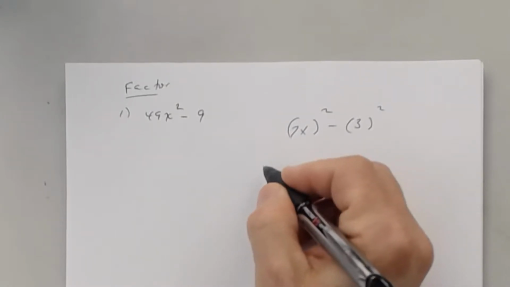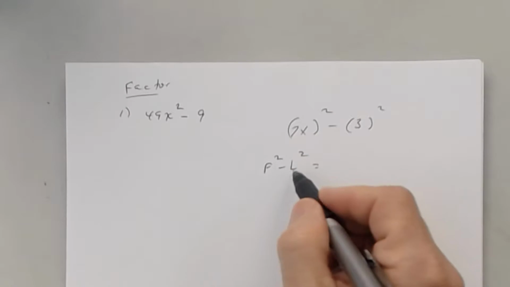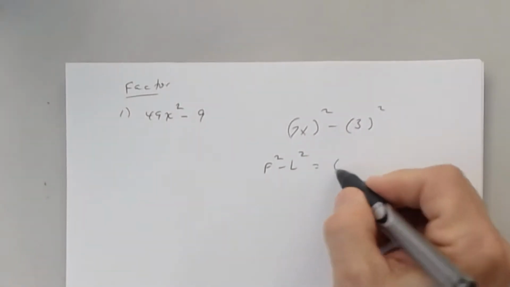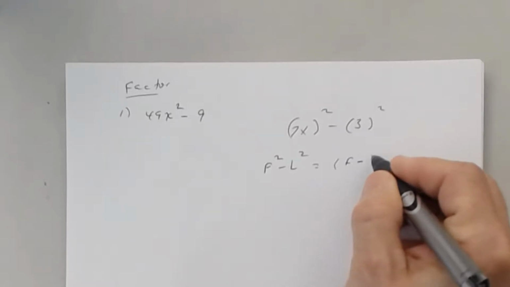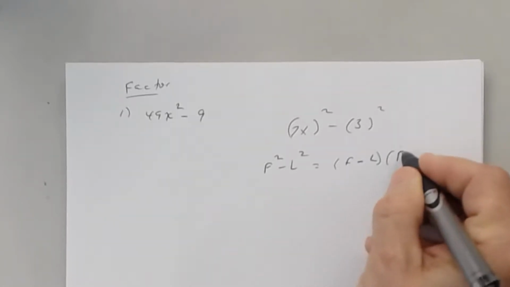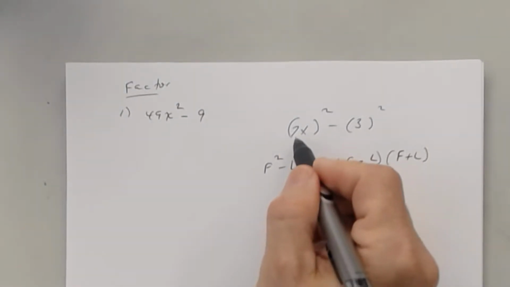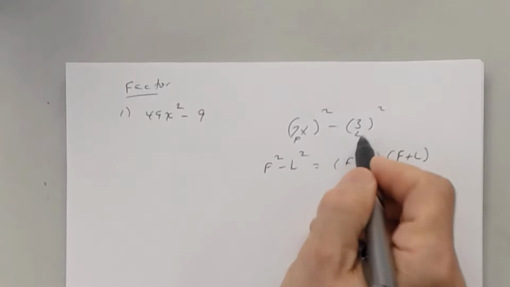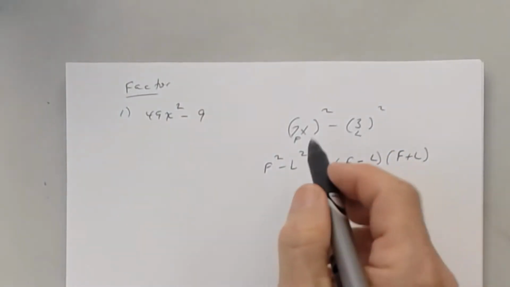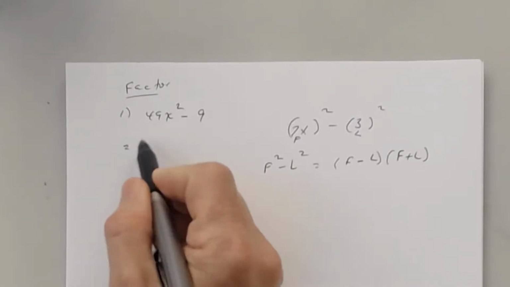Remember the formula, and I'm going to use f squared minus l squared. When you have the difference of two squares, how do you factor that, using f and l for right now? It'll be f minus l times what? F plus l. So if 7x is your first term and 3 is your last term, how are you going to factor 49x squared minus 9?